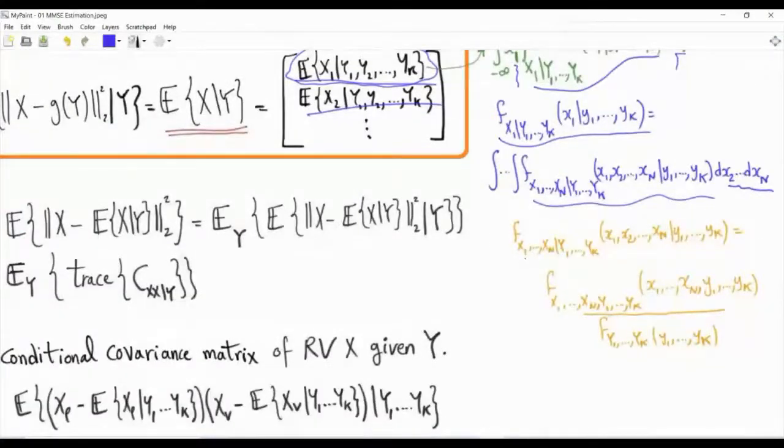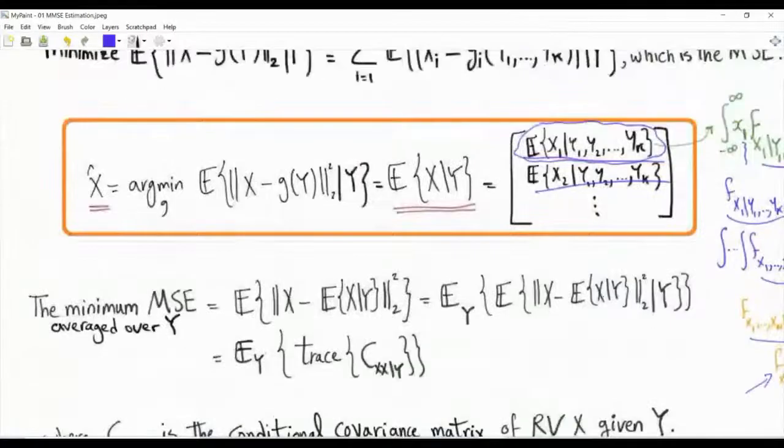And the joint conditional is something that you obtain by definition. It's basically the joint divided by the joint of the y's. In the numerator, we have the joint PDF of the x's and the y's, and in the denominator, we have the joint PDF of the y's.